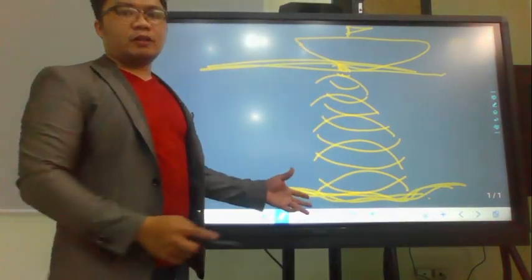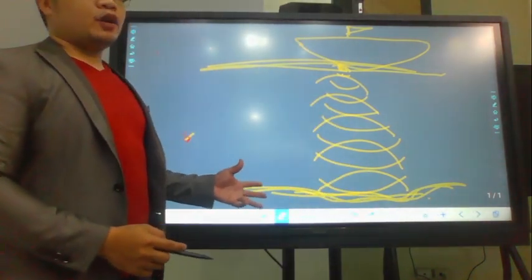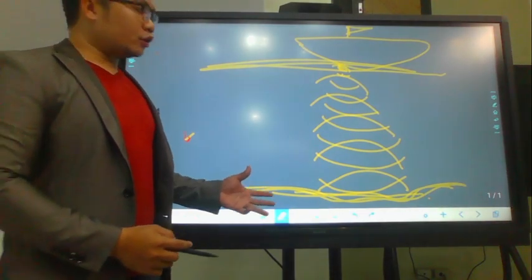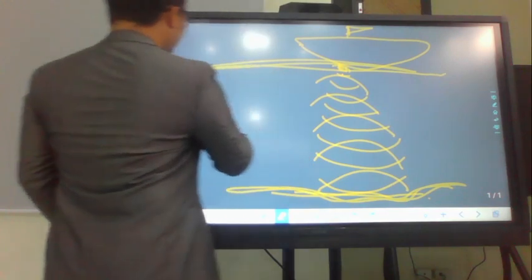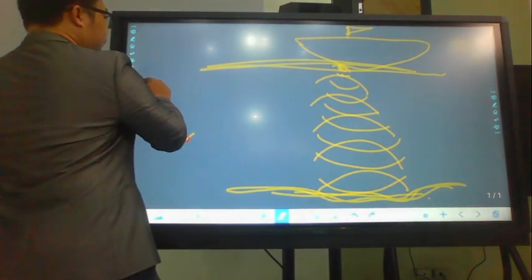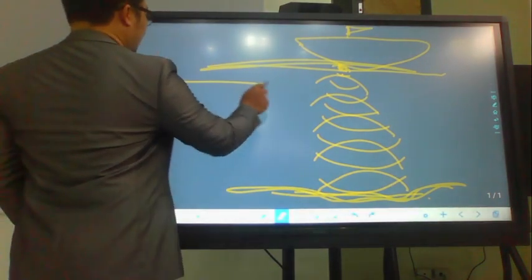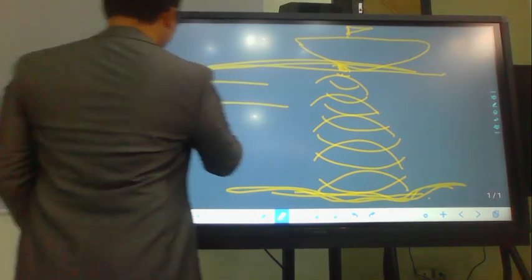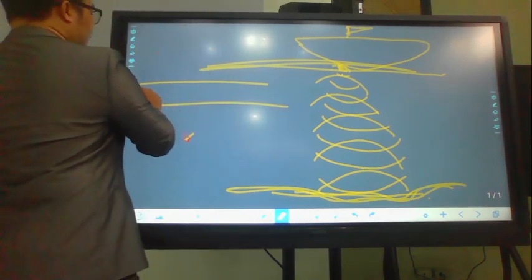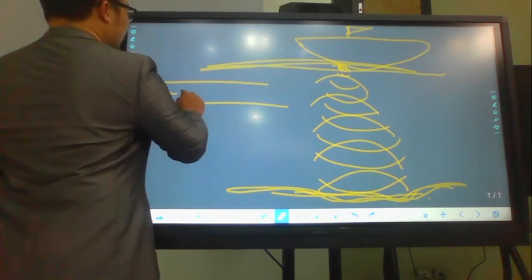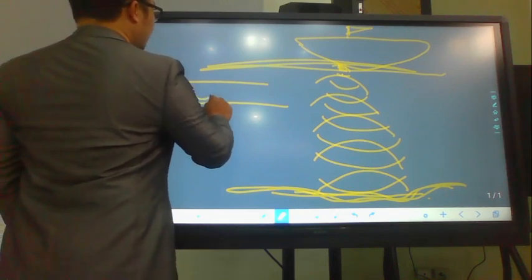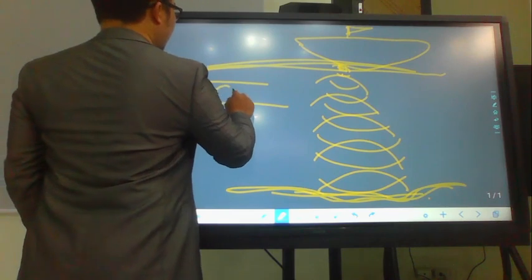Say for example, itong bottom na to is a type of a muddy bottom of the ocean. Ang topographic film is parang ganyan lang yan. Kapag nag-release yan ng data pabalik, may malalim, may mababaw, and then may malalim.